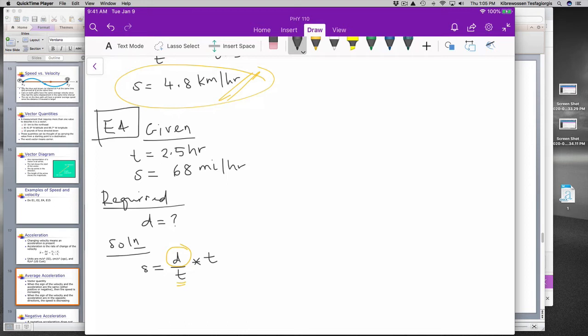If you multiply one side of any mathematical equation by t, you must do the same thing on the other side. So t cancels out with t, and you have d. Therefore d is equal to s times t, or t times s.